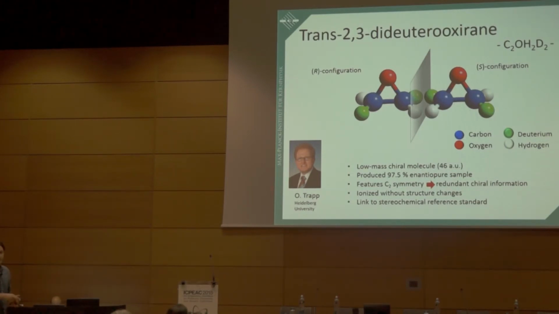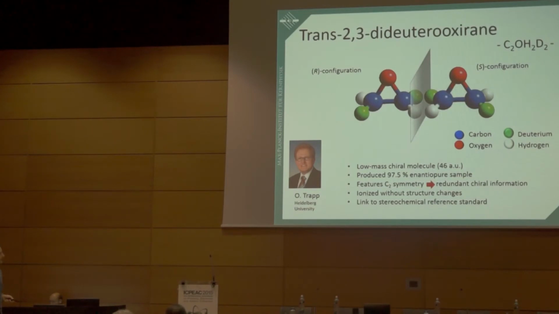The molecule was synthesized by Oliver Trapp of the University of Heidelberg, and it has several advantages for our measurement. It has a low mass, which means we get it fast enough to really trigger the Coulomb explosion process. It can be produced in an almost enantiopure sample. That's what we need to really test Fischer's assignment.